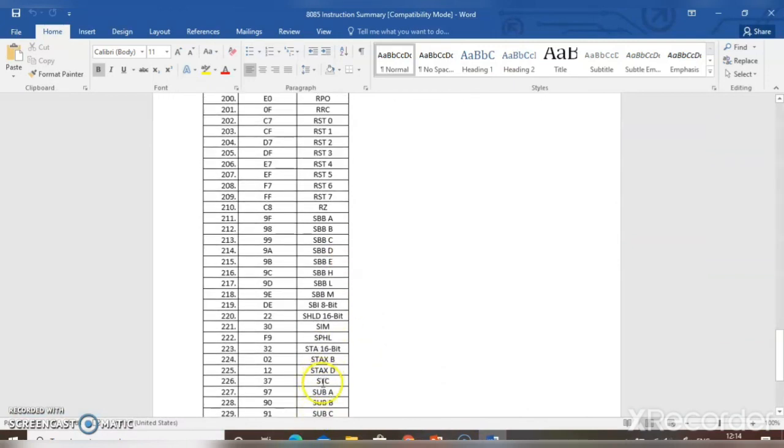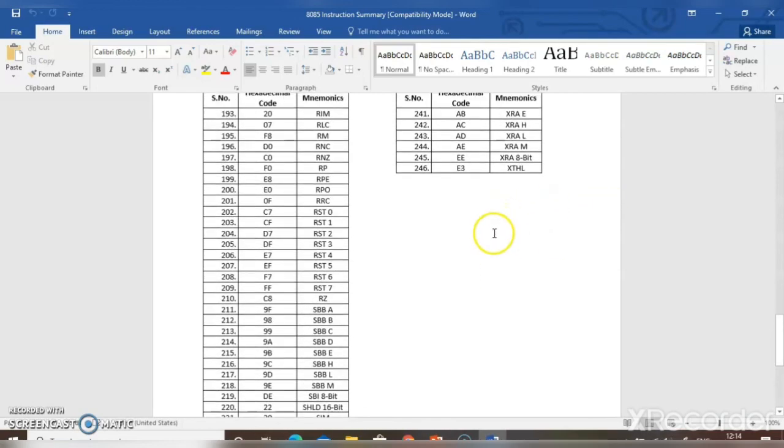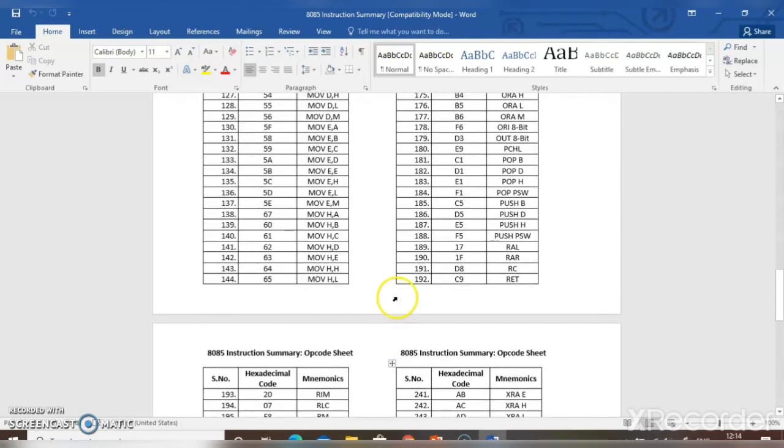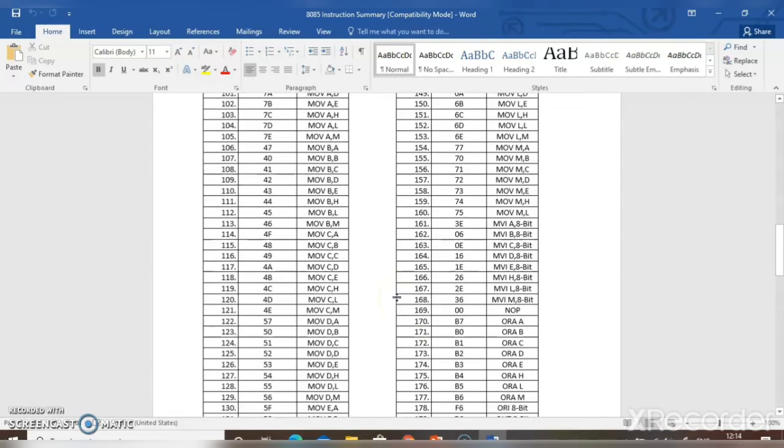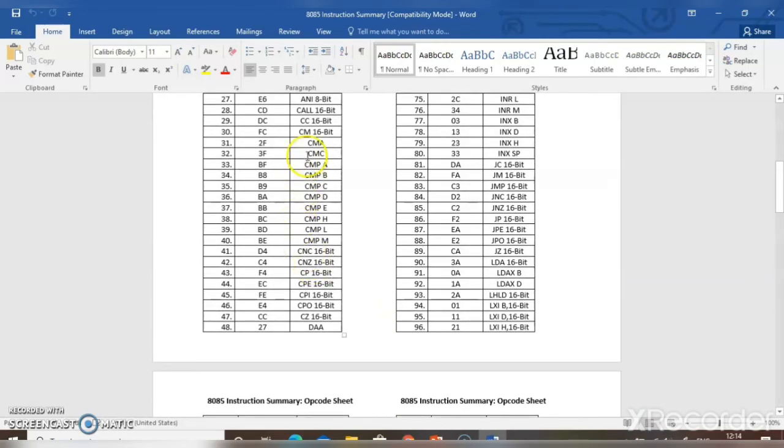See this example, STC, the corresponding opcode is 37. This instruction has only an opcode, so there is no operand. And the second example is CMA. Here you see the CMA instruction, the corresponding opcode is 2F.